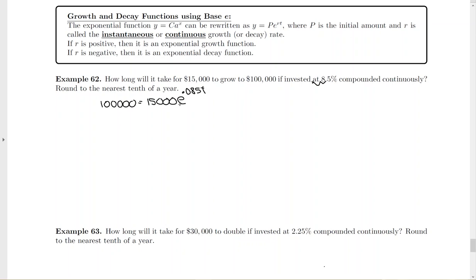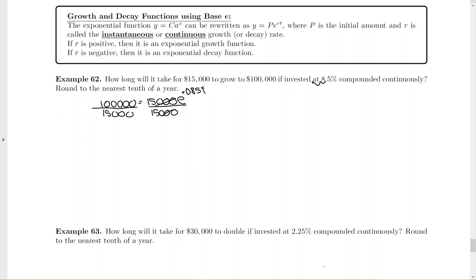So again, we need to get the exponent by itself, get rid of the 15,000 by dividing. And then once again, when you do this division, if it's not coming up a nice round perfect number, hold the digits on your calculator.